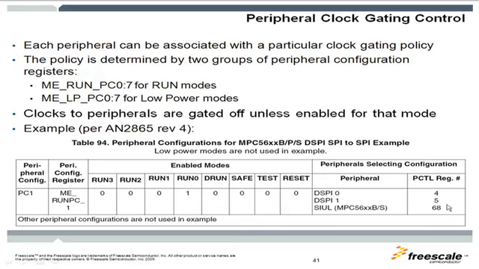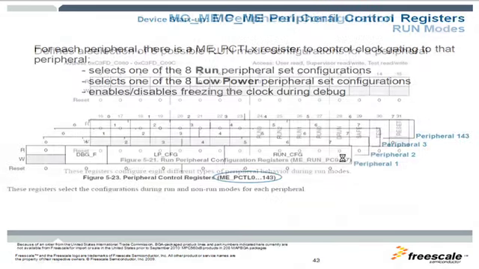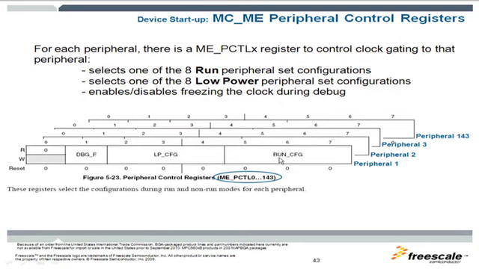The SPI, for example, is 4, SPI 1 is 5, SIU is 68. And these registers will have a number that you specify for a run configuration. There's also low power, which we're not using, but it'll just have a number to specify which of 8 run configuration registers I'm going to use.